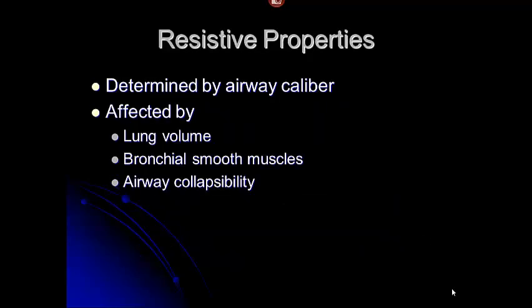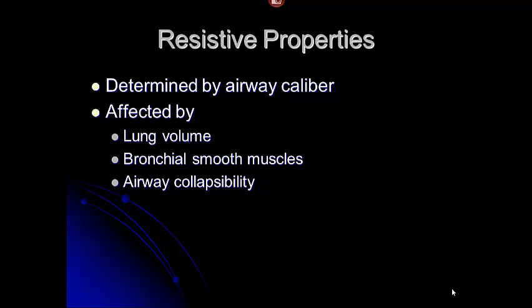What are the resistive properties? This was basically determined by the caliber. The more bronchoconstriction, the more resistive to be able to finalize the exam. This is affected by low volume and bronchial smooth muscles.